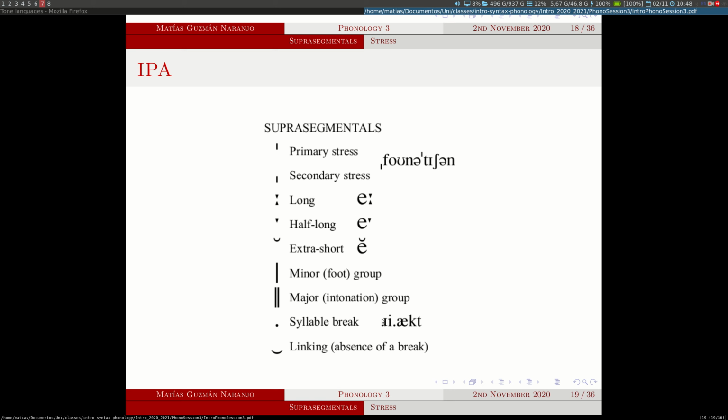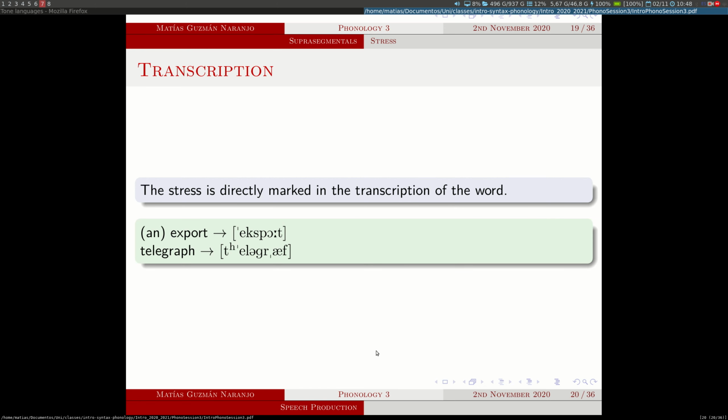You can mark syllable breaks and also links between the syllables to mark there is no break. And as I just showed you, you mark stress directly before the vowel of the syllable that is going to be stressed.